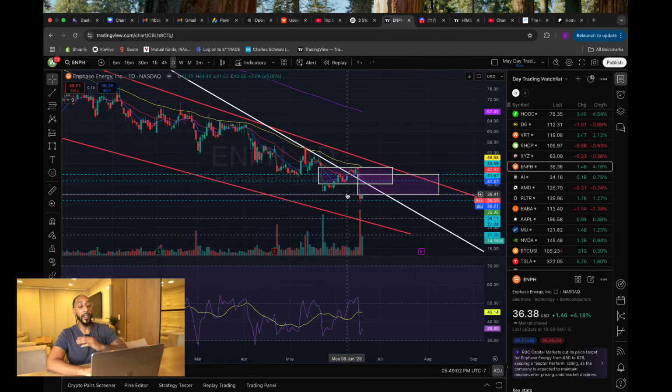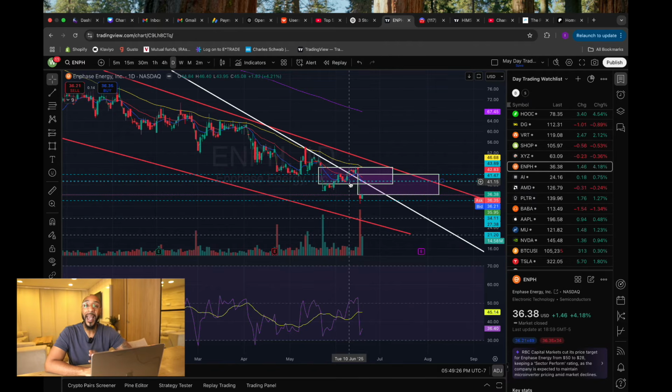Now, another thing with Inphase is you could say, I'm gonna get in right here at $37. It comes up to $43. That's a nice return on a stock that's trading at $40. You could take profits, and then when it pulls right back to $41, you could re-enter, because you see it's not leaving the gap, it's staying inside the gap, which means that it wants to go up.